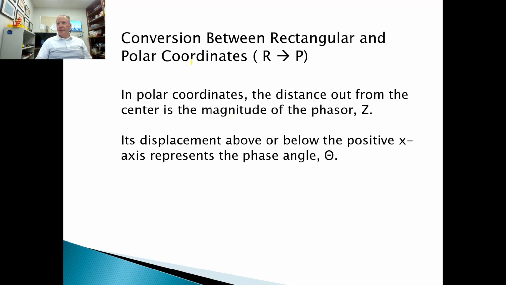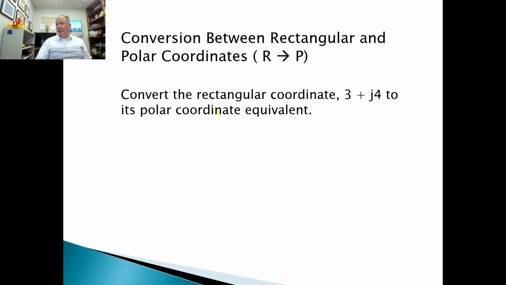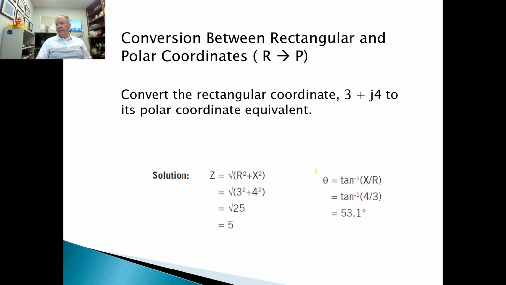Now, the conversion between polar and rectangular, you can calculate that. So convert the rectangular coordinates 3 plus j4 to its polar equivalent. To do that mathematically, you would say, what is Z? It's going to be 5. And then what is the angle?